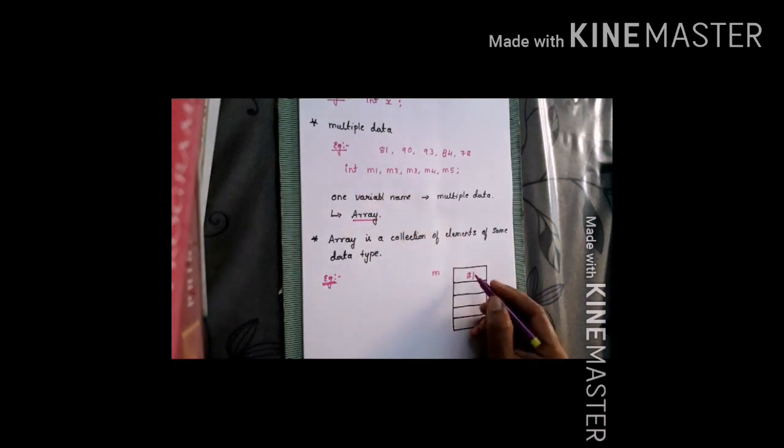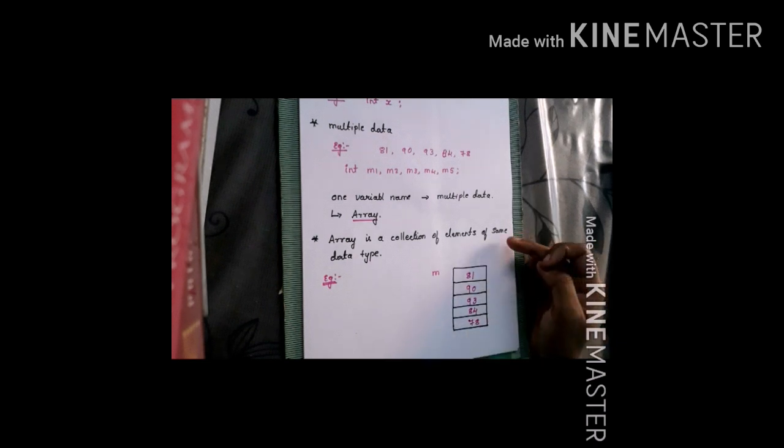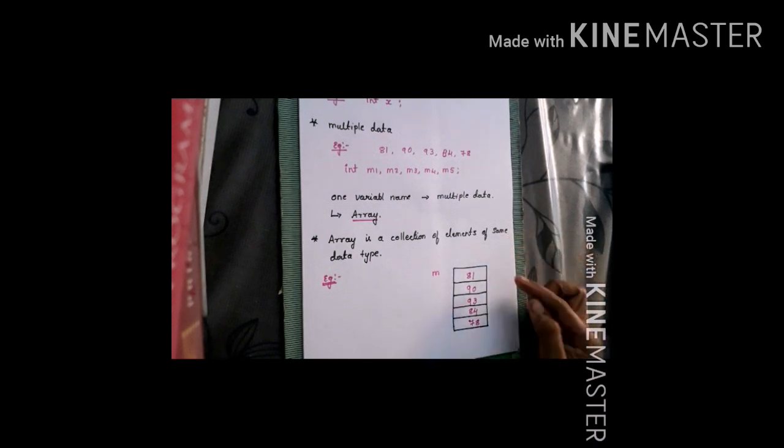First test marks is 81 and the second test marks is 90 and the third test marks is 93, fourth test marks is 84, fifth test marks is 78. Array is a collection of elements of same data type. Here, whatever the elements that we have stored in the array M are all of type integer.